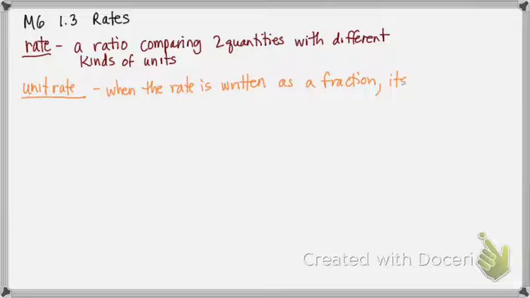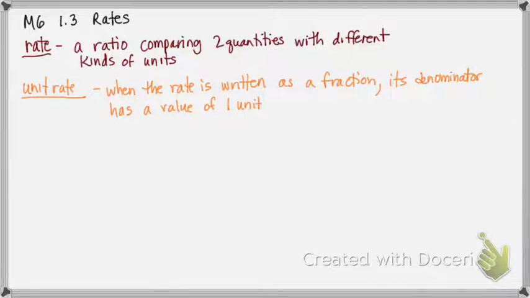When a ratio is written as a fraction, its denominator has a value of 1 unit. Okay, so instead of figuring out that they went 360 miles in 5 hours, my question is how many miles did they go in 1 hour? That would be a unit rate, okay?